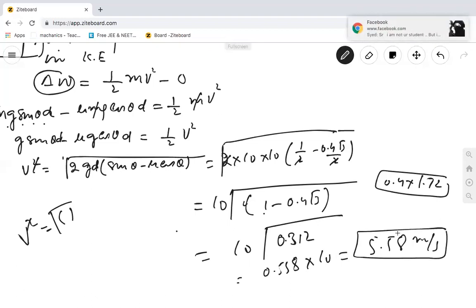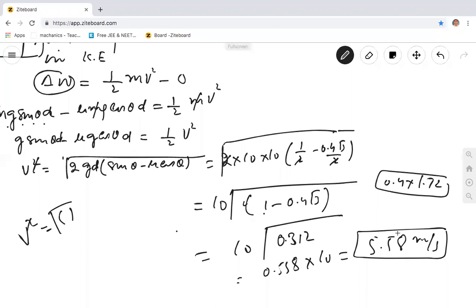What's the answer? 5.6 meters per second. That's right. That is the right answer, I think so. Has he given the answer anyway? Yes, it says velocity is 5.6 meters per second.